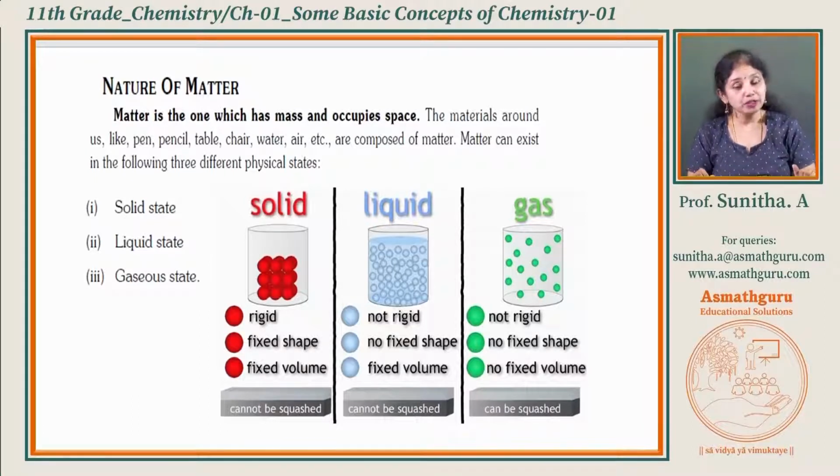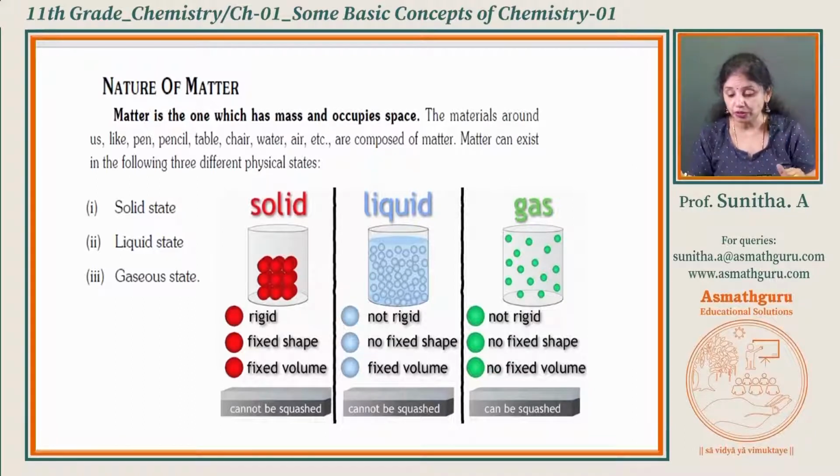When we proceed towards the gaseous state, here again the particles are not rigid. They are flexible. They can move wherever they want. They don't have any fixed shape. It's very difficult for us to look at or imagine the shape of a gas. We can't see it. So they don't have any fixed shape and they don't have any fixed volume as well.